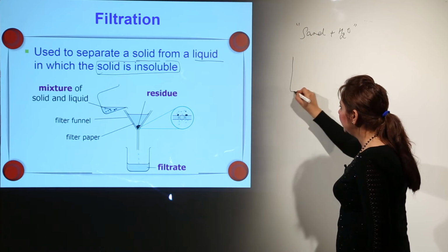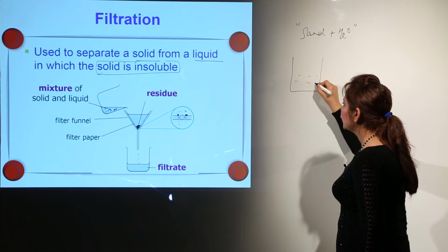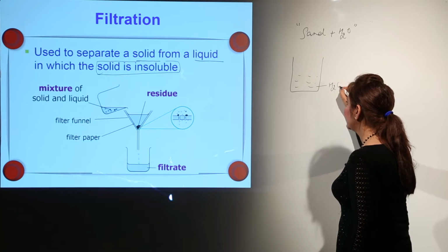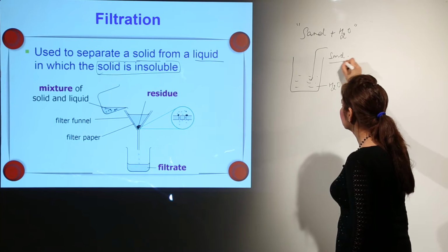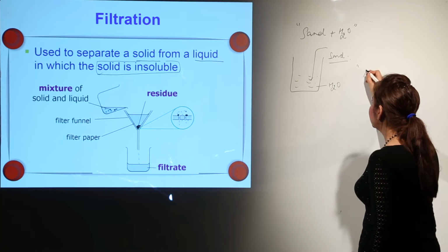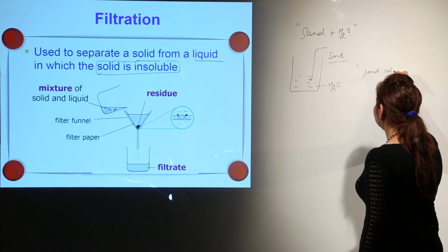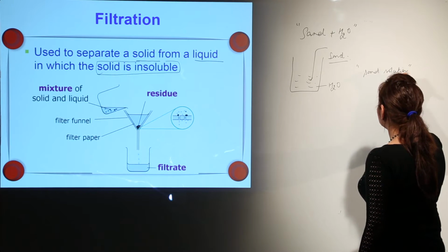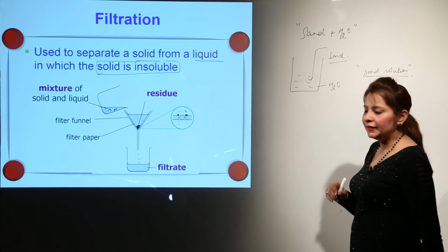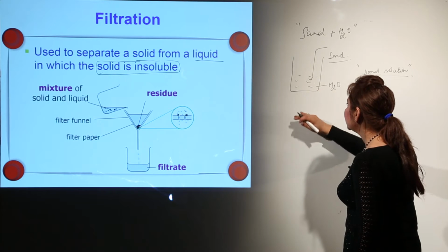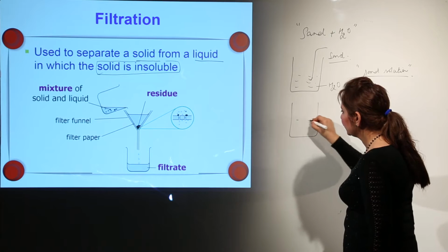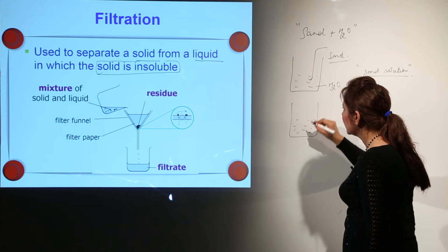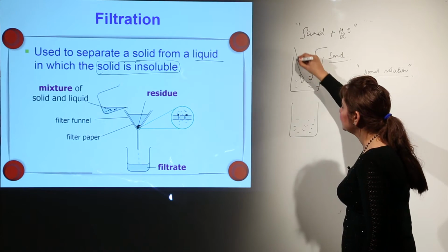I am taking a beaker which contains a known amount of water. I am adding sand to it, so we get a sand solution, right? With the help of a stirrer, we just stir it.